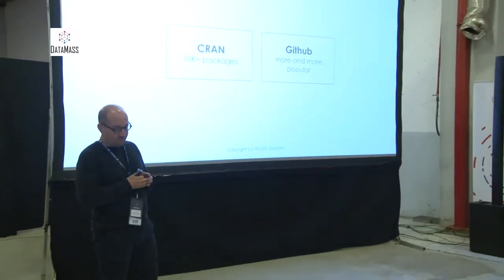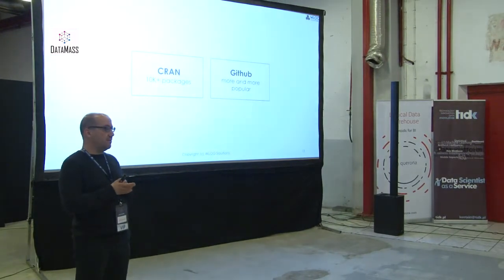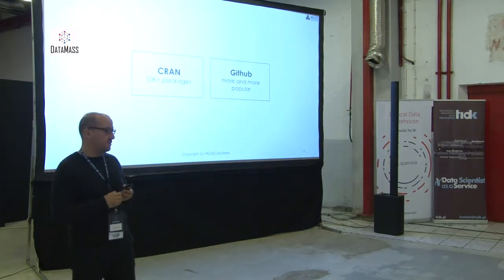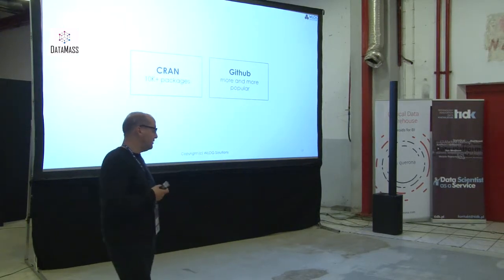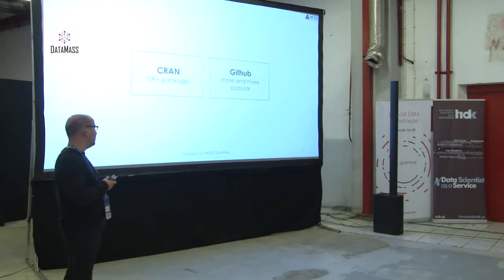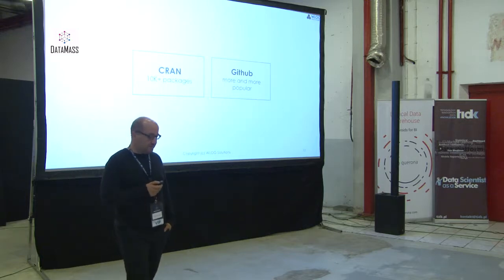What else the community gives is that R brings you a vast amount of packages. A package, as in other computer languages, is a library that gives you additional functionality. I believe this number is about 12,000 packages.